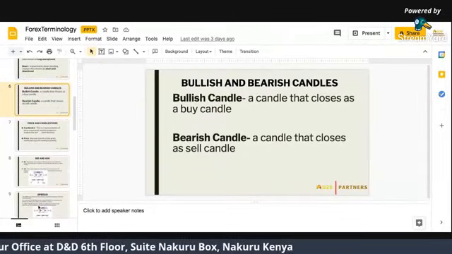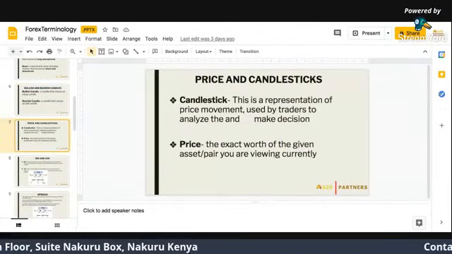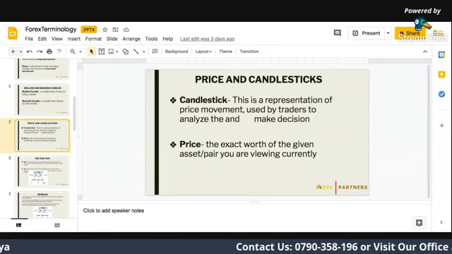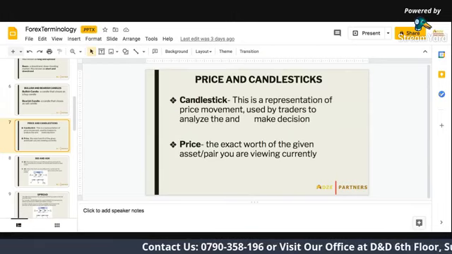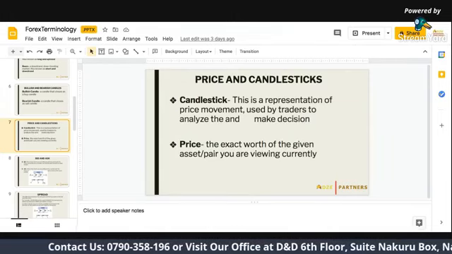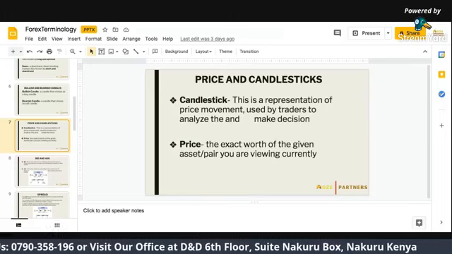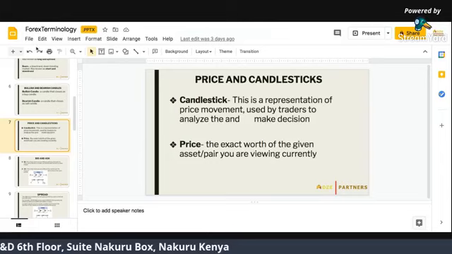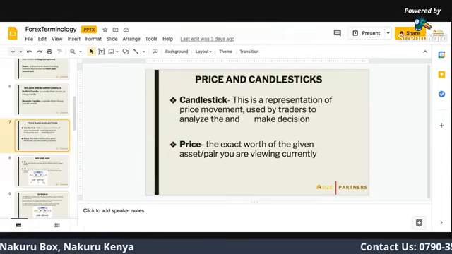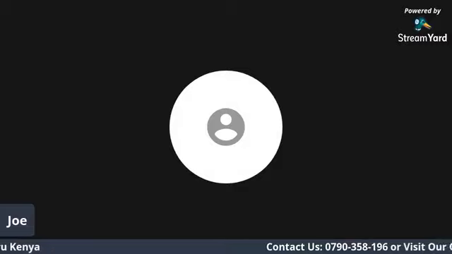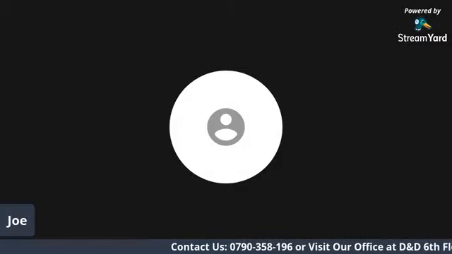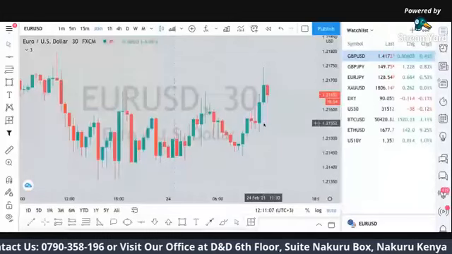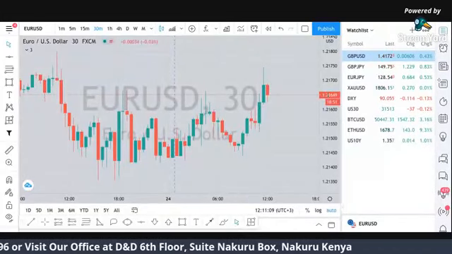The next terminology is price and candlestick. A candlestick is a representation of price movement used by traders to analyze and make decisions of either to buy or sell. Then price is the exact worth of a given asset pair we are reviewing currently. So as we saw earlier, euro, let's go back. Now this one is a candlestick, and this one is the price.